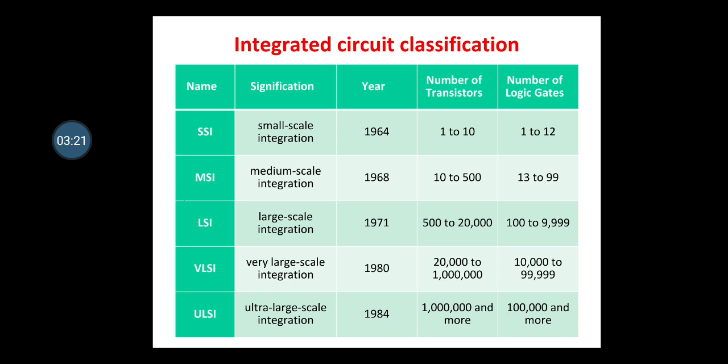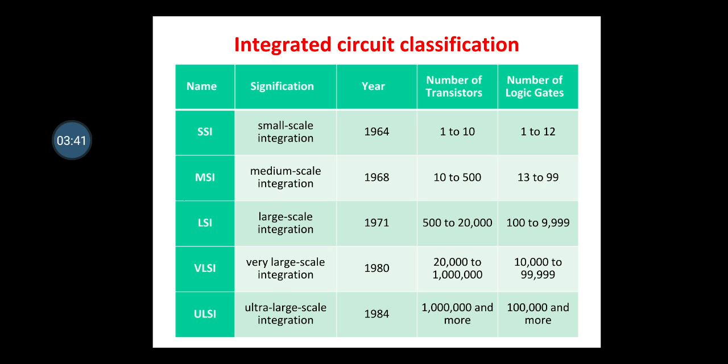Then comes ultra large scale integration, where 1 lakh and more transistors can be fabricated, and the total number of logic gates which can be fabricated is 1 lakh and more.